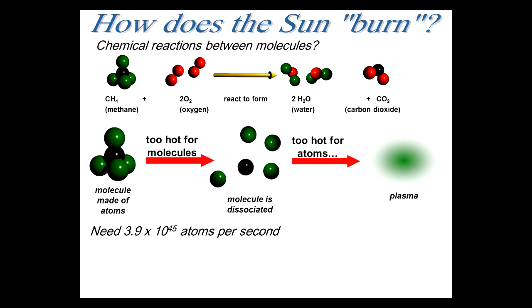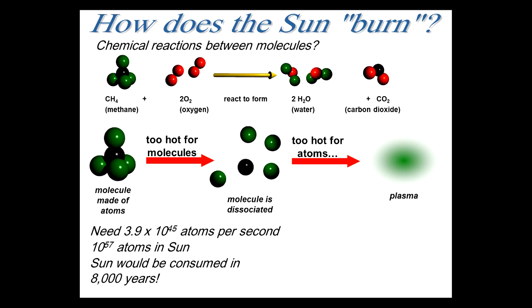Well, that's incomprehensible. What's 10 to the 45 atoms? It's a lot. Turns out that there are 10 to the 57 atoms that make up the sun. Well, the difference between those exponents is tremendous. But nevertheless, when you do the easy math on that, you find out that the sun would be consumed in about 8,000 years. Well, we know the sun is far older than that.